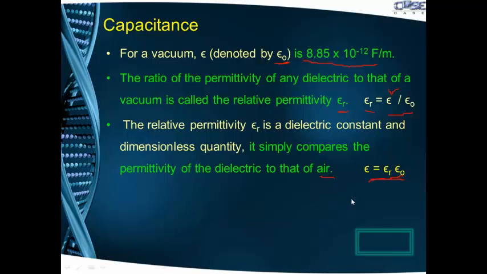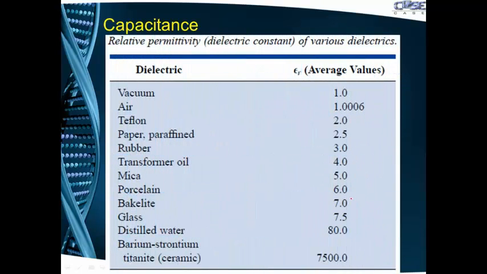So the relative permittivity of a material with respect to the permittivity of free space will determine the value of the permittivity of that material.